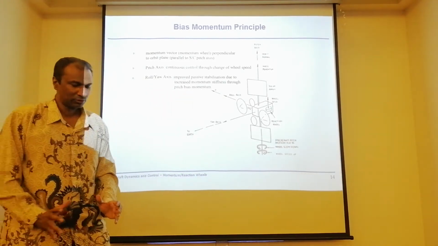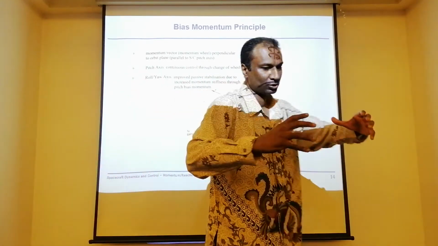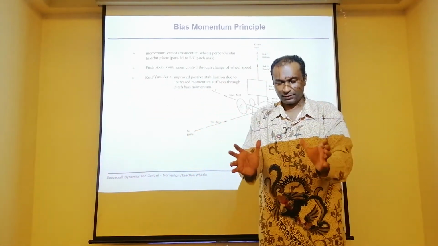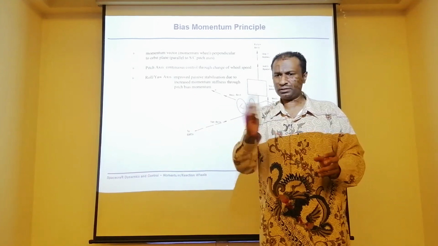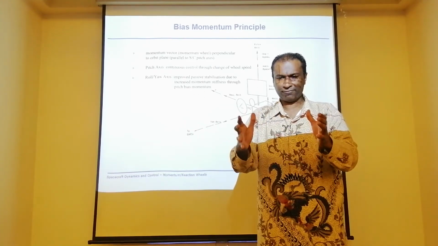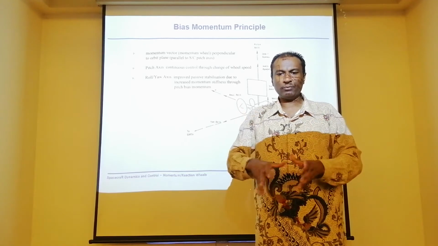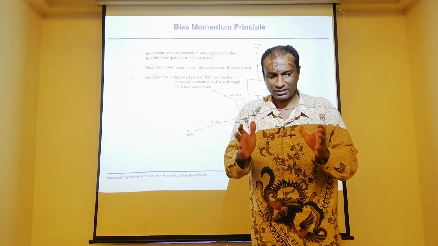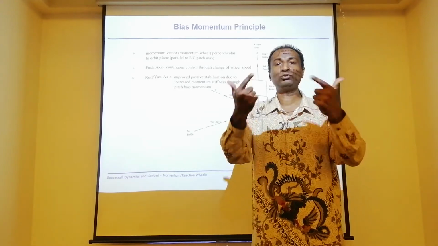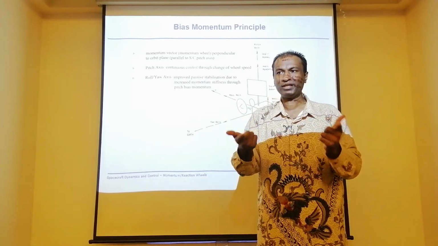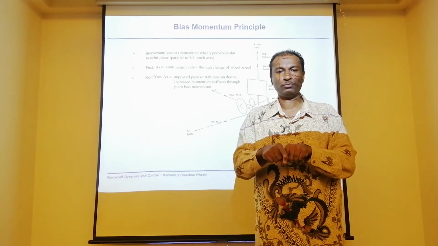Now this you must understand. When you have the pitch axis, you have an angular momentum, just like the top spin that I explained just now. You throw a top spin, spinning very, very fast. It'll be very stiff. You have a gyroscopic stiffness. When you have a gyroscopic stiffness, it actually provides a very good stiffness to the other two axes, which are perpendicular to the actual rotating axis. Which are the axes?